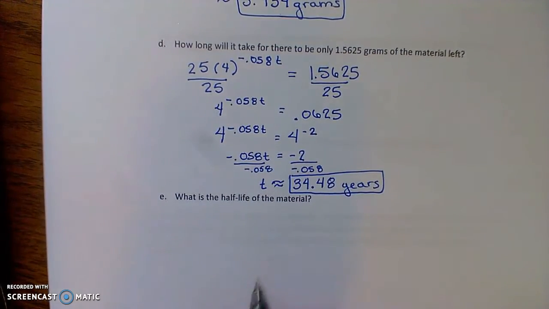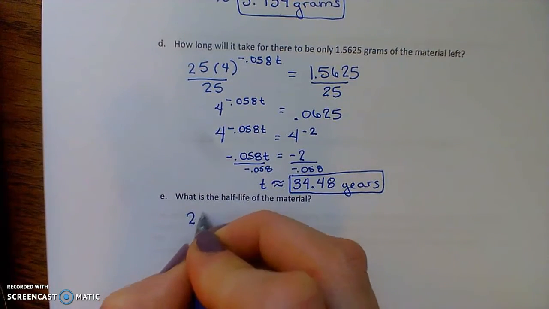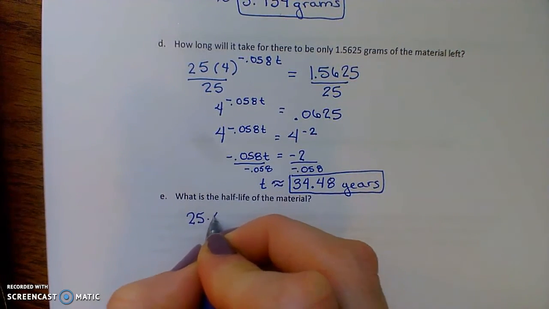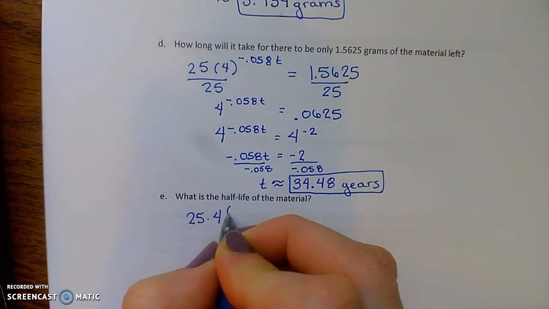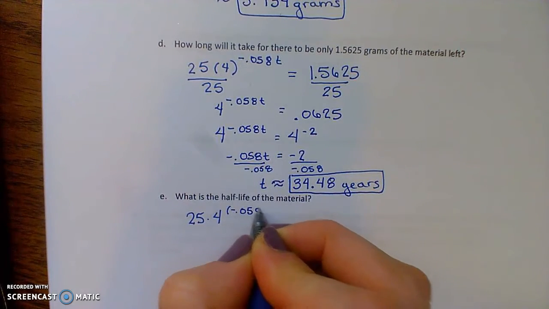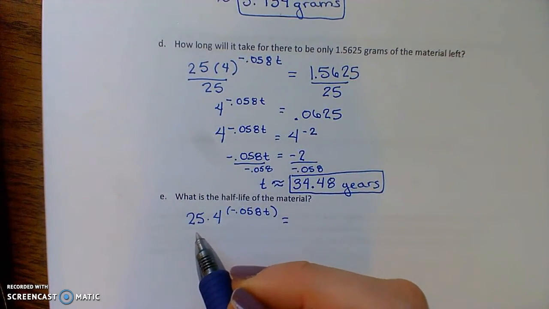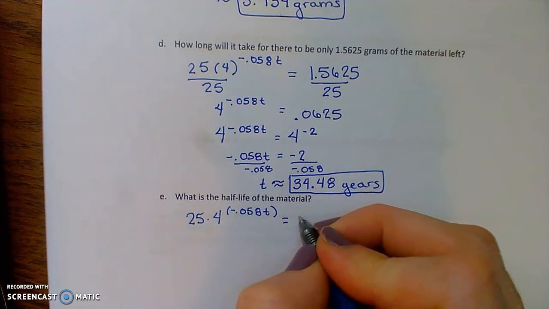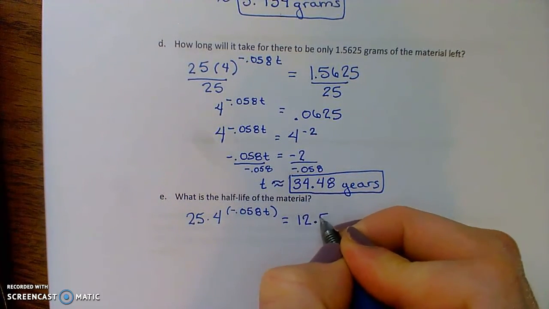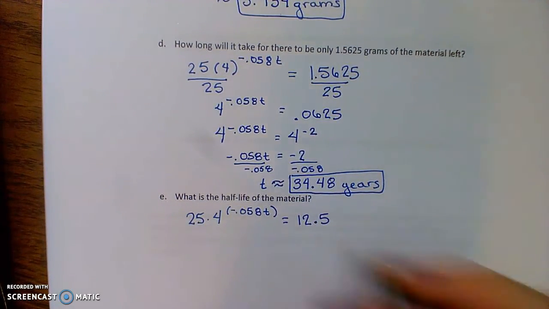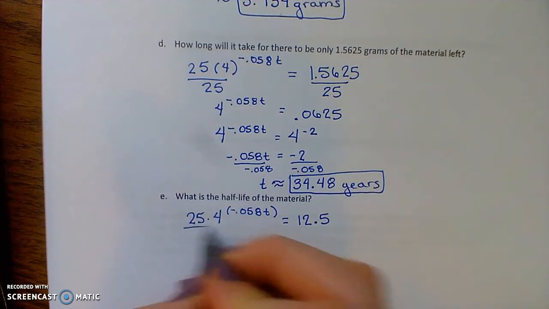Now, what's the half-life of the material? So that is where you take your equation and set it equal to half of the original amount. So half of 25 would be 12.5. And then we'll solve for the amount of time that takes.